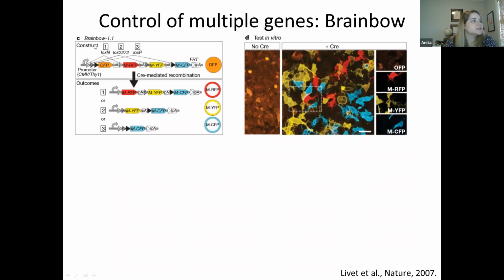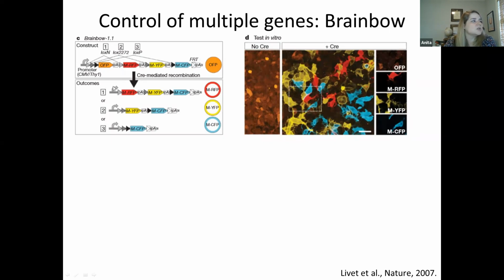Very simply, what does one of the constructs look like? This is Brainbow 1.1. This was reported in 2007. Without Cre, you're going to get expression of orange fluorescent protein. And then you have these different orientations of three different LOX sites around red fluorescent protein, yellow fluorescent protein, and cyan.